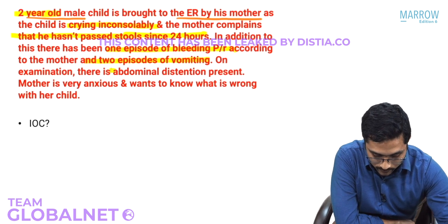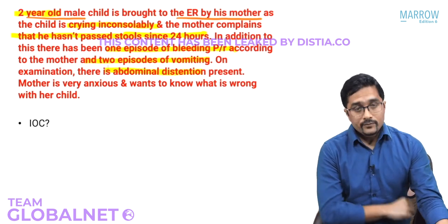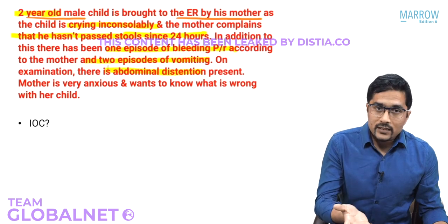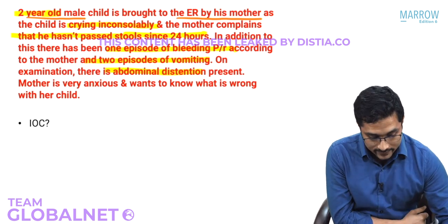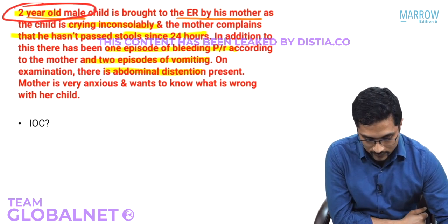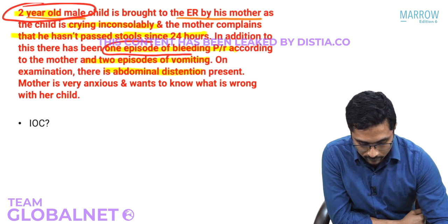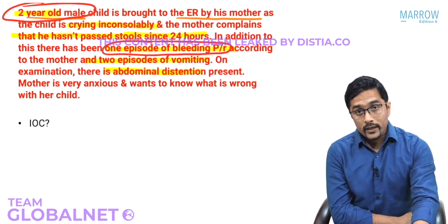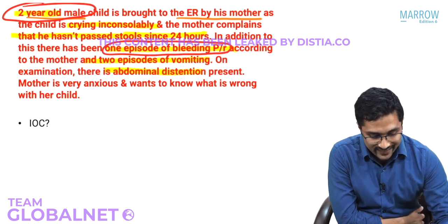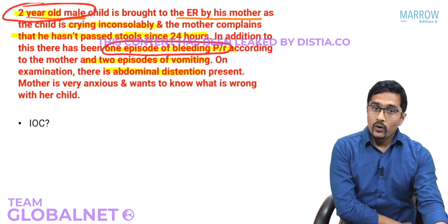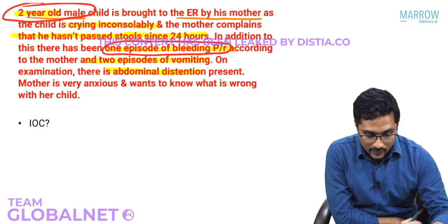On examination, abdominal distension is present. So again, features of bowel obstruction are there. It's a 2-year-old child with 1 episode of bleeding per rectum, according to the mother.